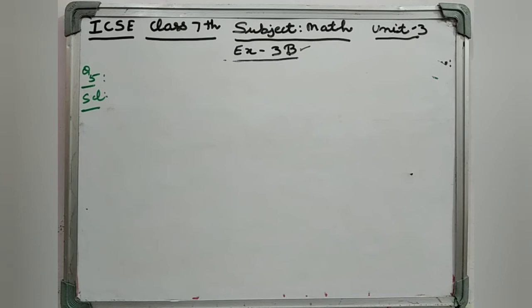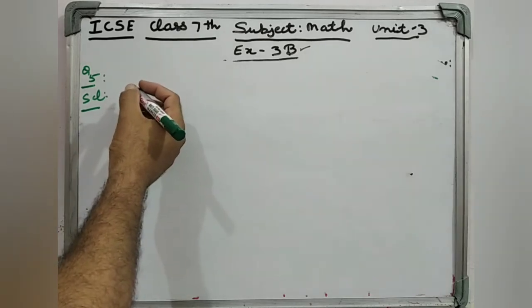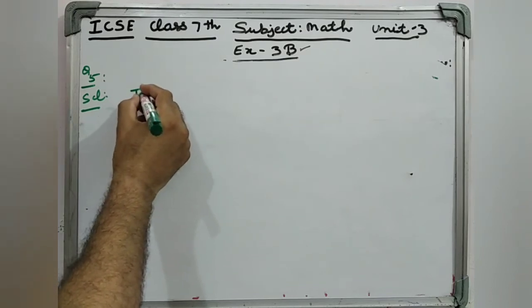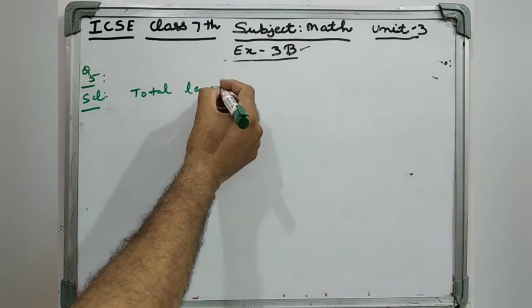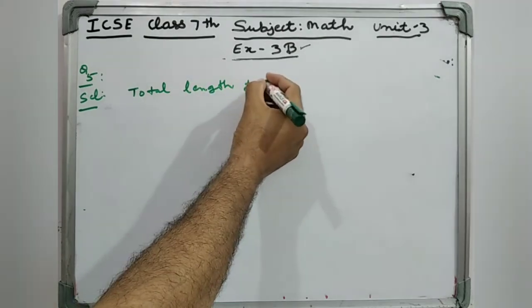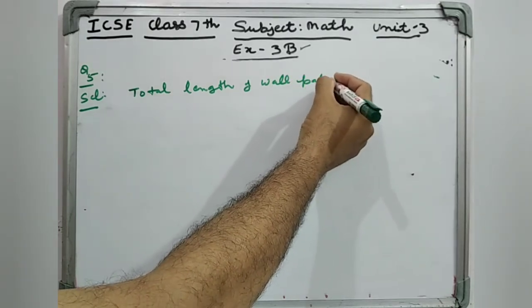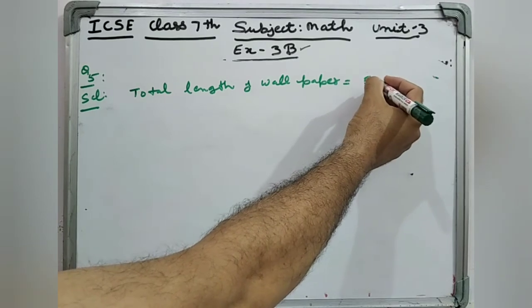How many pieces, right? Now the total length of wallpaper is equal to 52 meter.